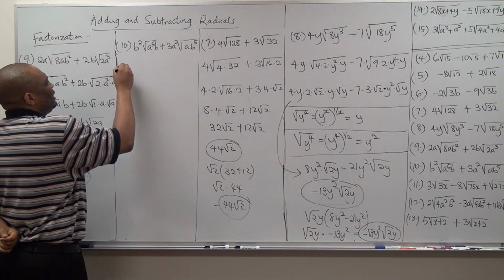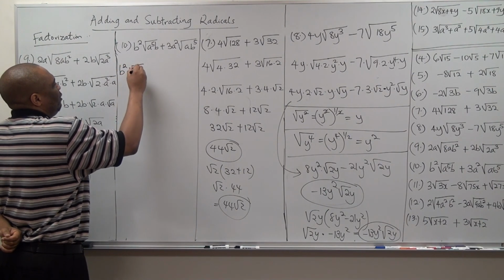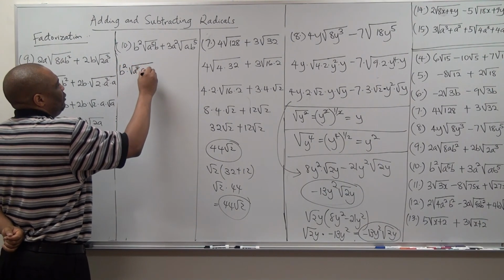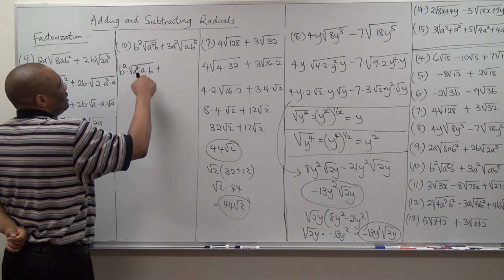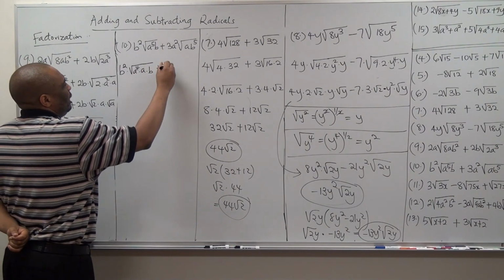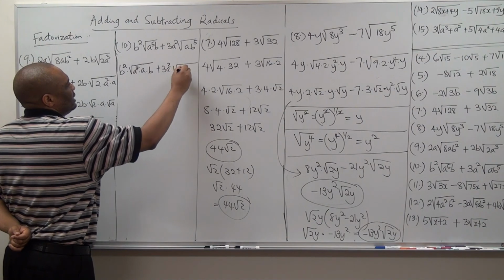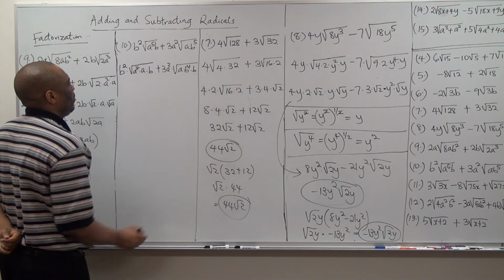This is now b squared times square root of a4 times a times b, plus 3a squared times square root of a times b4 times b.